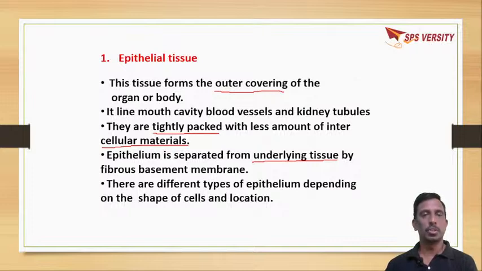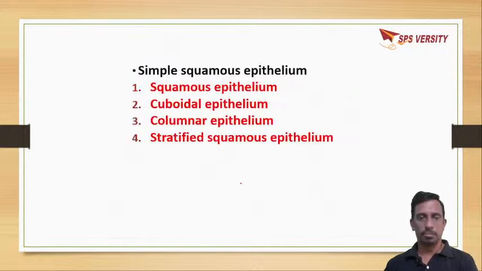और एपिथेलियम टिश्यू में इसमें सब टाइप्स है depending upon the shape of cells and location. So epithelial tissue में सब types है based on the shape of cells and location. इसमें simple और compound epithelium.